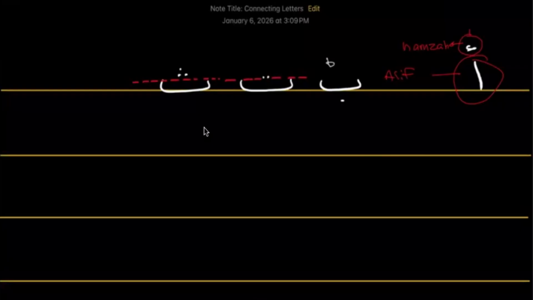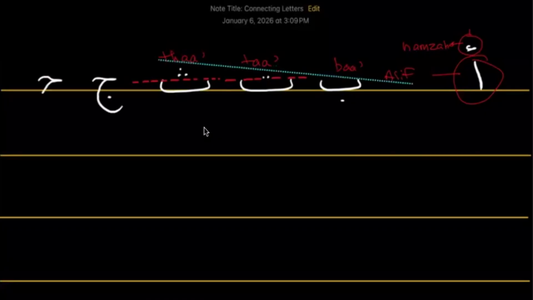So what are those? Ba, ta, tha, jim, ha, kha.